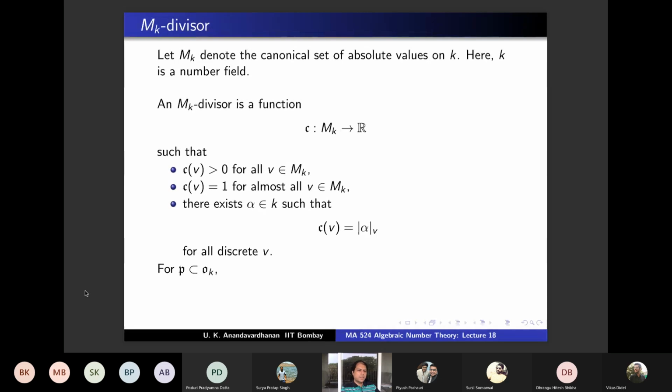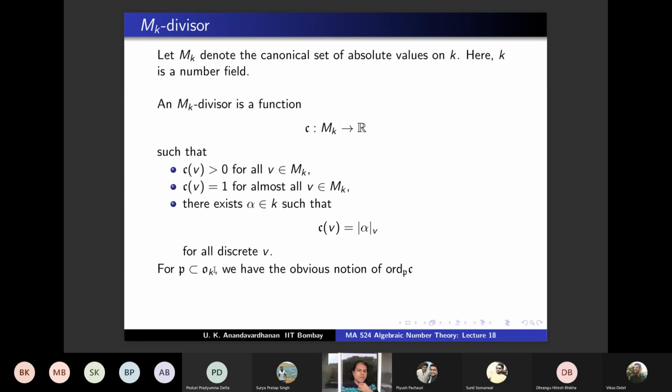So for P contained in OK, we have the obvious notion of order of C at P, which is what? Because if P is contained in OK, for all discrete V, it is given by an alpha, no? At discrete places, this is given by an element alpha. It is just mod alpha V. Only at the infinite places, only at the Archimedean places, there could be some deviation. And so what is this notion?